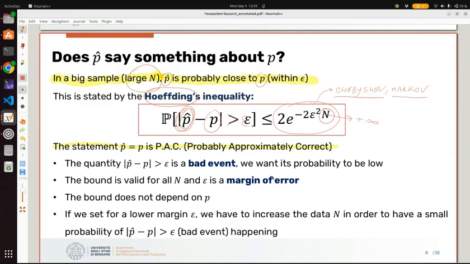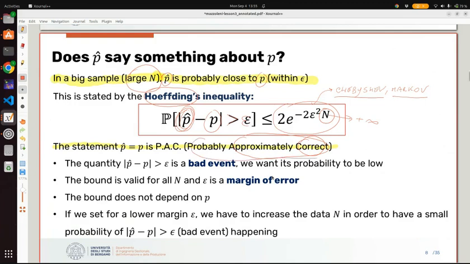So can we say that P star is for sure P? Can we say this is a correct statement? No. Can we say that P star is for sure approximately P? No, not for sure. Can we say that P star is probably approximately P? Yes.